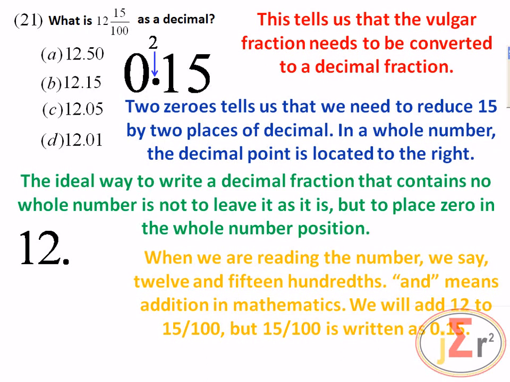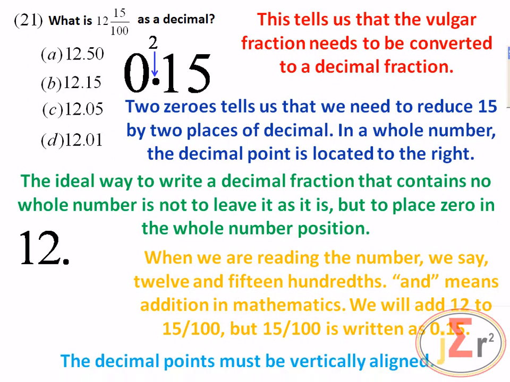To the right. The decimal point must be vertically aligned. That means the decimal point in 12 must be vertically aligned with the decimal point in 15 hundredths, which turns out to be 0.15.